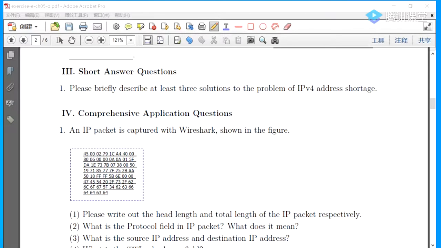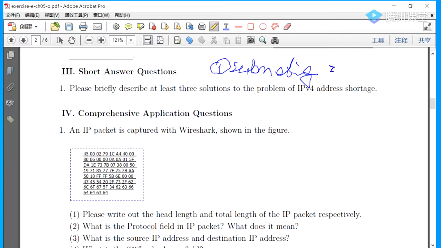Then we know we can use the first solution, subnetting.